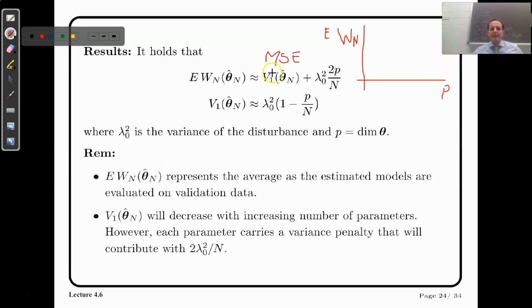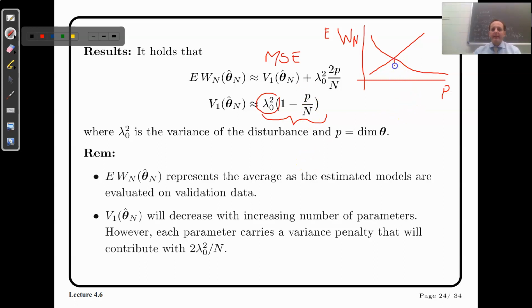V1 normally tends asymptotically to 0. And this function is linearly dependent on the number of parameters. It can be shown that this cost function asymptotically tends to this quantity: the noise affecting the data, linearly dependent on the number of parameters P divided by the number of data N.